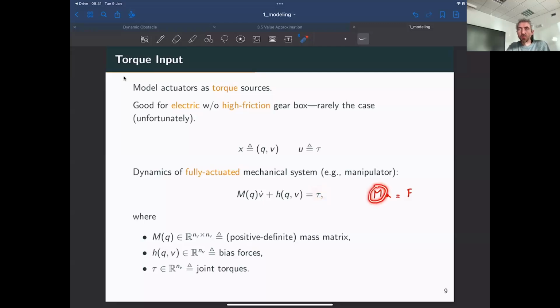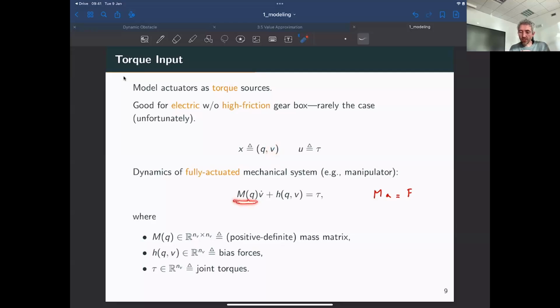The mass, which was a single scalar value in the case of a single rigid body, now becomes a matrix with the name M, and this matrix depends on the joint configuration Q. So M is going to be a matrix of size NV times NV. NV, if you don't remember, is the size of the vector V, so the number of joints of your robot.